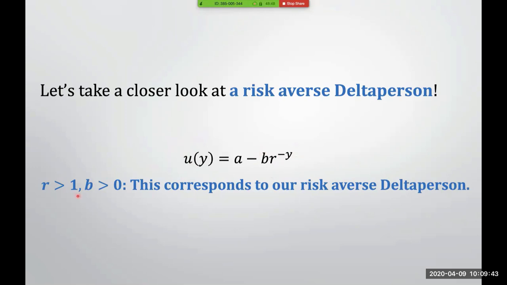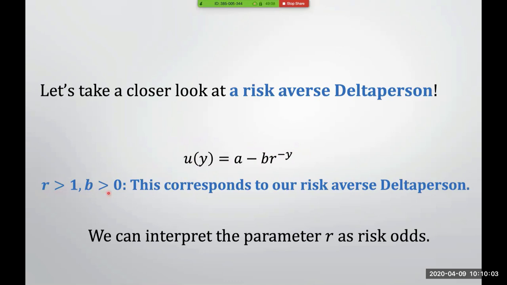And further, in order for this person to be risk-averse, R has to be greater than 1, B has to be positive.